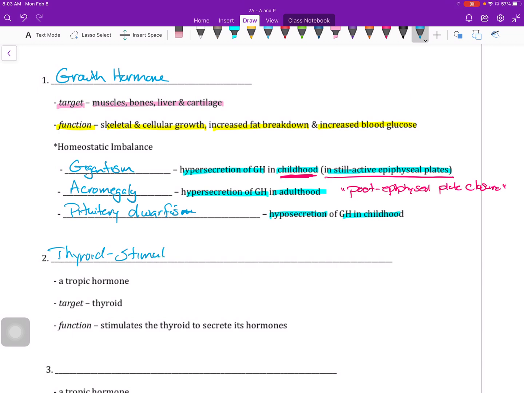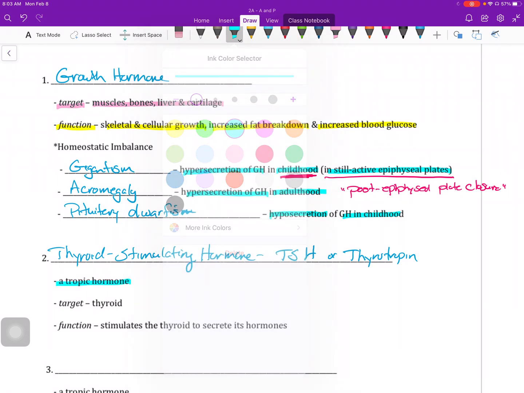All right, the second hormone produced by the anterior pituitary is called thyroid stimulating hormone. It is called TSH for short, or sometimes referred to as thyrotropin because it is a tropic hormone. Its target is the thyroid gland.